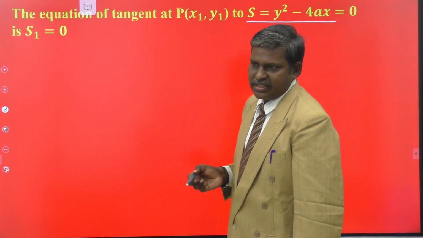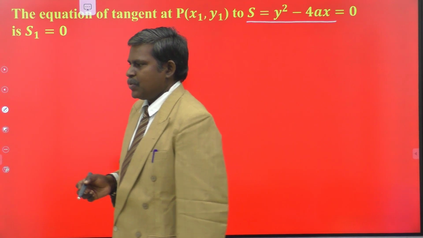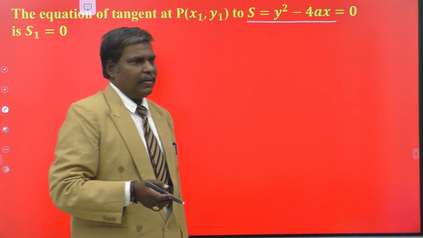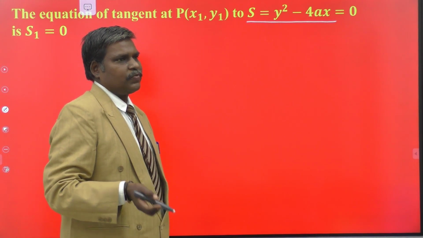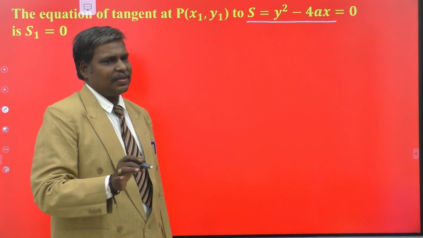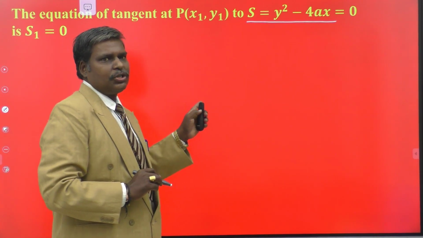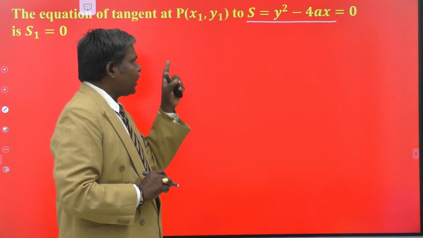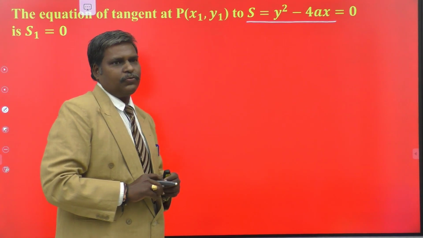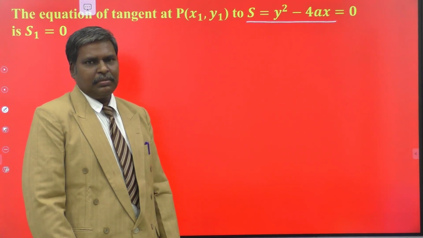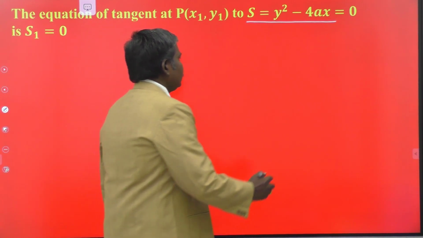Earlier we discussed the general tangent. y = mx + a/m is always a tangent to the parabola y² = 4ax for all values of m except 0. But here S1 = 0 is also a tangent to the parabola y² = 4ax, but it is at (x1, y1) only.